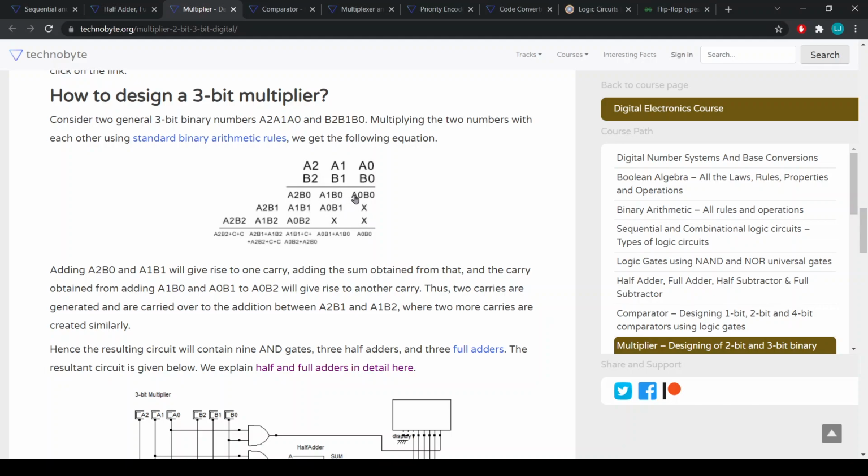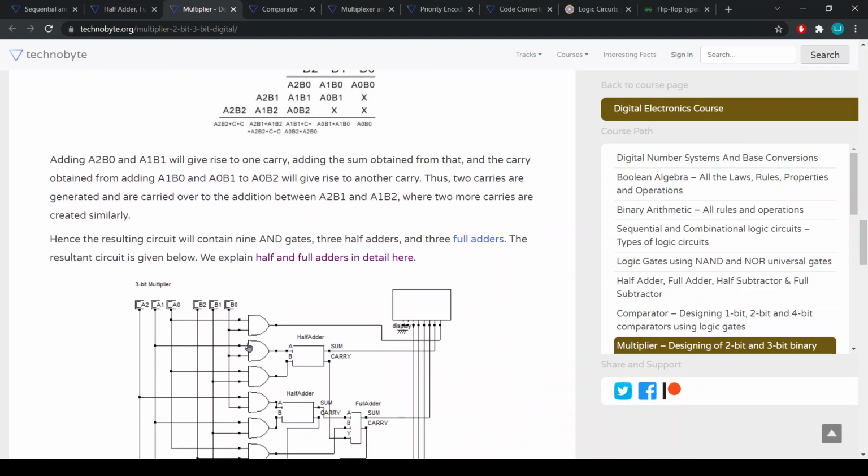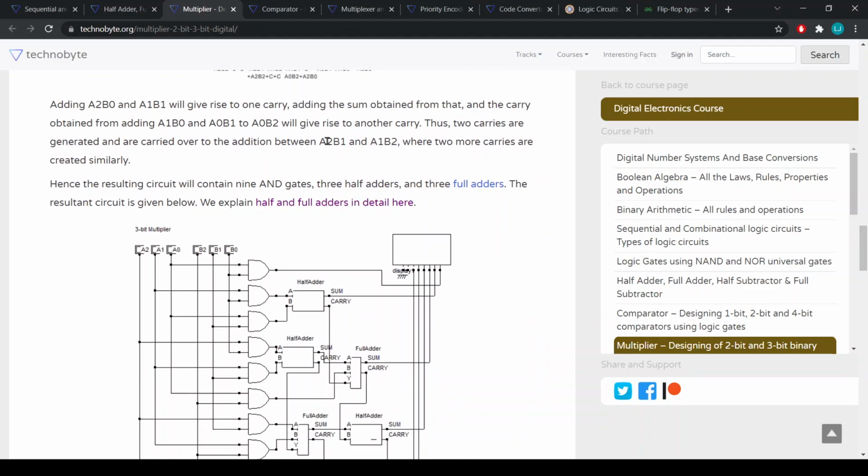But if it is this, you add a1 b0, you add a0 and b1, so then you use the half adder. Use the half adder since you still need the carry to add to this one here. So for example, if you have 5 and 6 here, you have 11, so you have 1 here and you carry 1, so that is what is happening here.